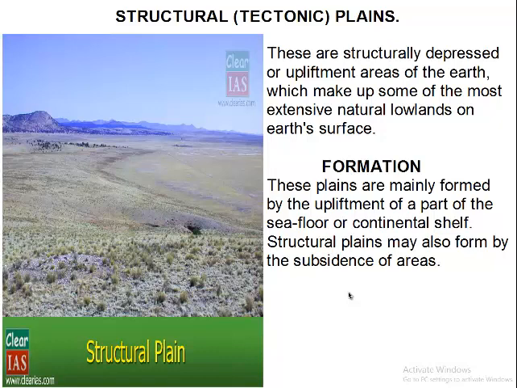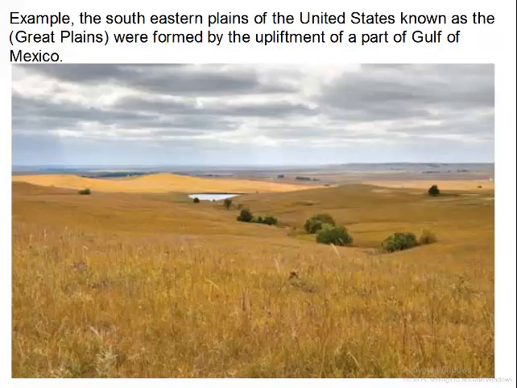And as I said earlier, when part of the sea floor or the continental shelf rises up as a result of tectonic movement, structural plains can also form. So structural plains are plains formed as a result of tectonic movement.